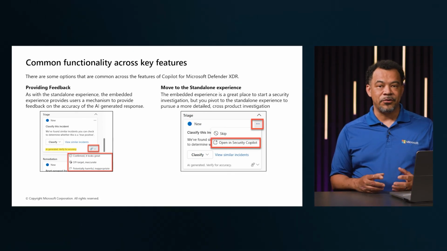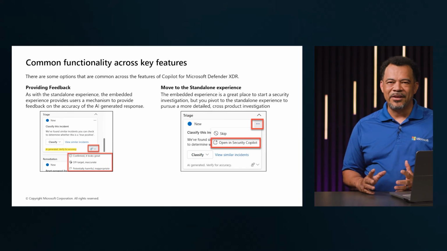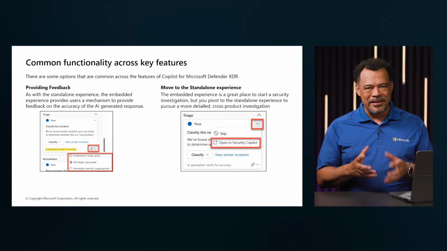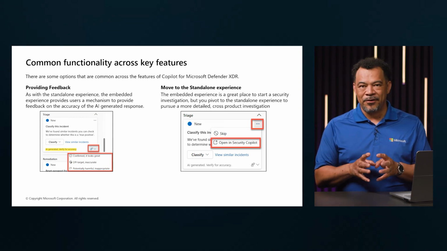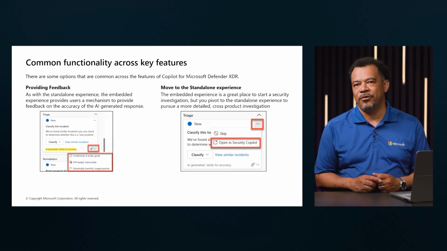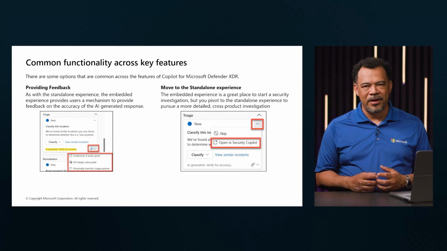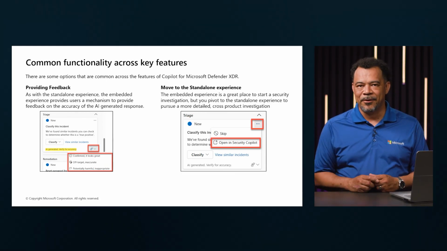Another useful feature is the ability to move to the standalone experience. As an analyst using Microsoft Defender XDR, you're likely to spend a significant amount of time in Defender XDR, making the embedded experience a great starting point for security investigations. However, if you find that a deeper investigation is necessary, you can easily transition to the standalone experience.